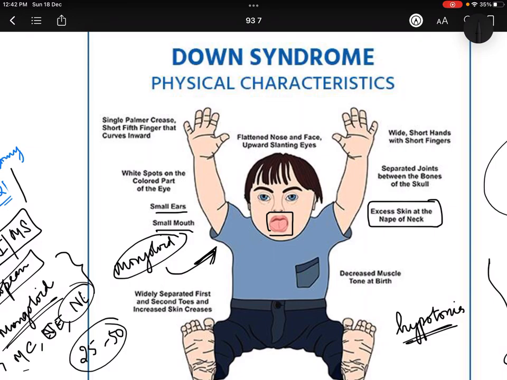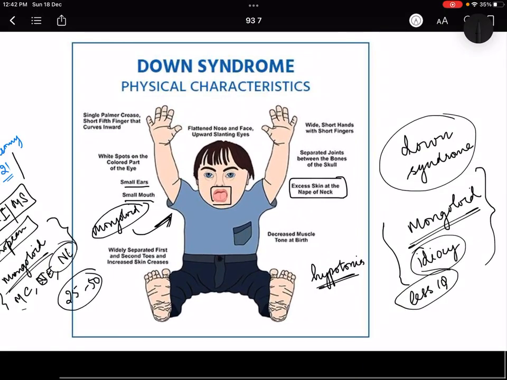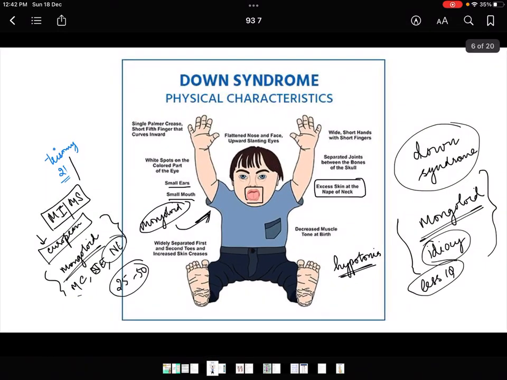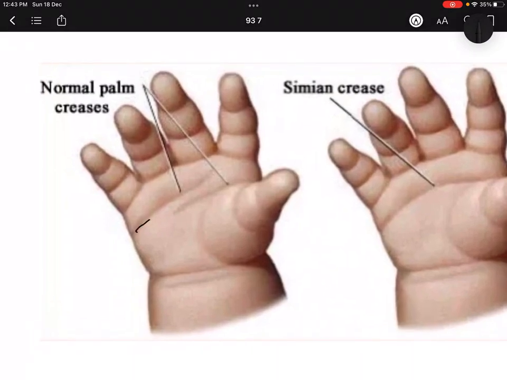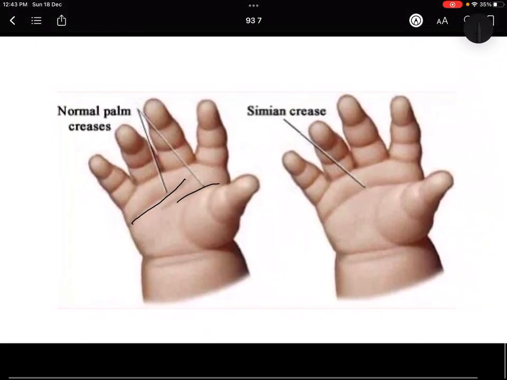Then they have the simian crease on the hand. Now I'll just show you the simian crease also. Okay, so this is a normal hand we have, and if you look at this crease, it is something like this. We all have certain creases on our hands which look like this, but the simian crease is one that is there on the ape's hand also, and which joins the two sides.